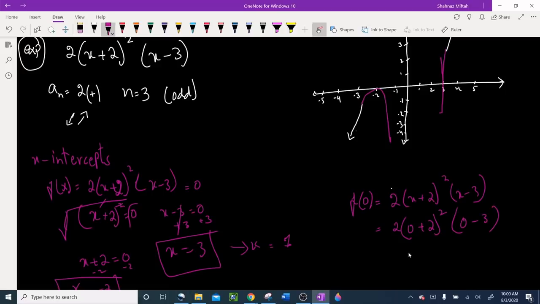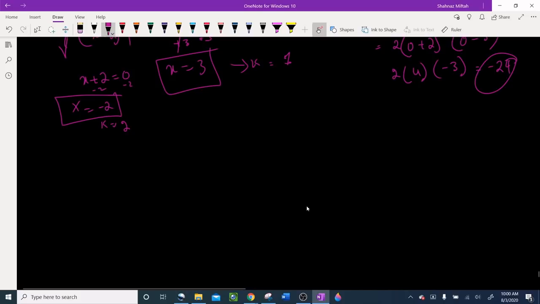It's going to give me 2 times 4. And this is -3, and that's -24. Then I have (0, -24), and -24 is my y-intercept.